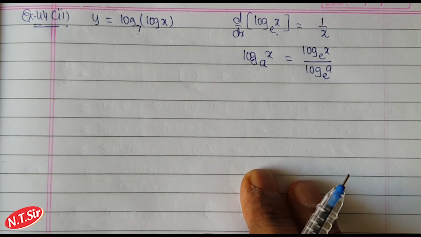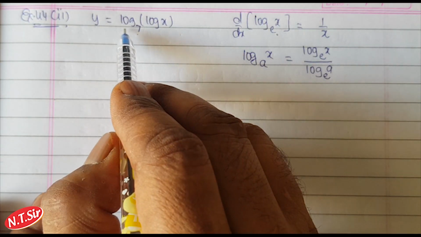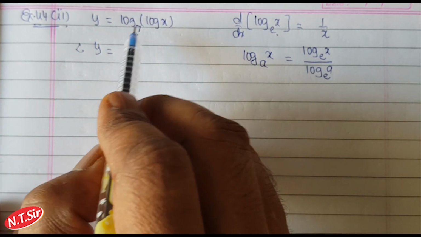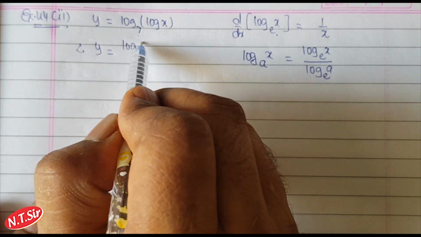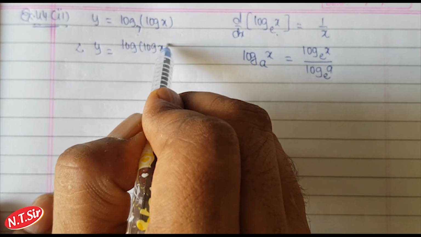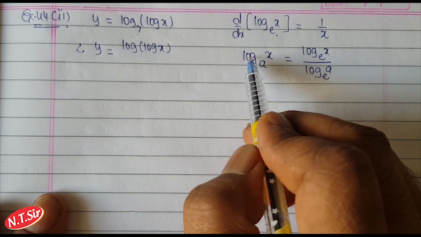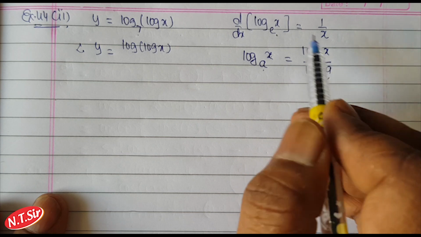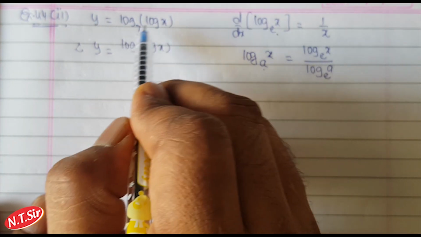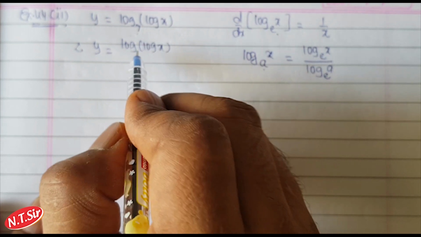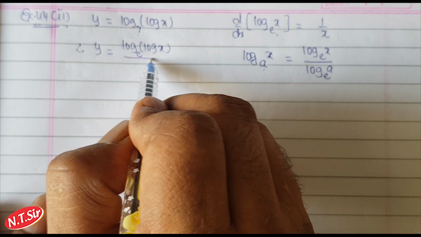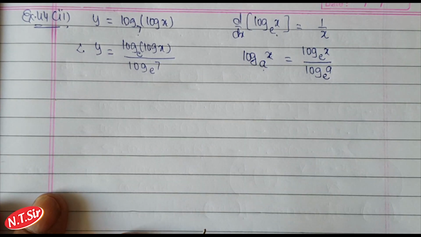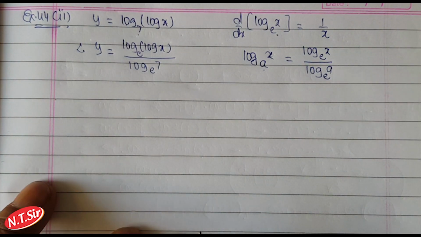So applying this change of base rule here, what we get is y is equal to log of log x base 7, then log x base e upon log 7 base e.